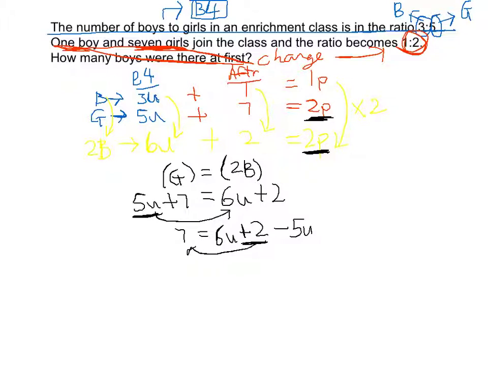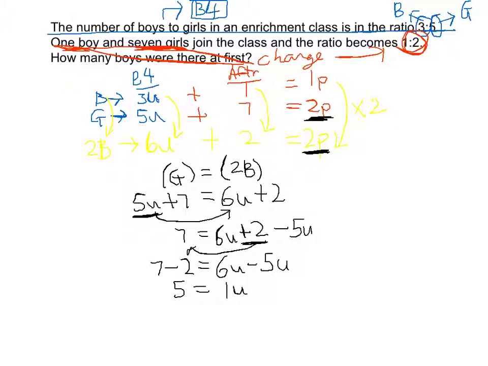So instead of plus 2, now it's 7 minus 2. Everything remains the same, 6 units minus 5 units. Now I can do it. 7 minus 2 equals 5. 6 units minus 5 units equals 1 unit. So now I know 1 unit is equal to 5.